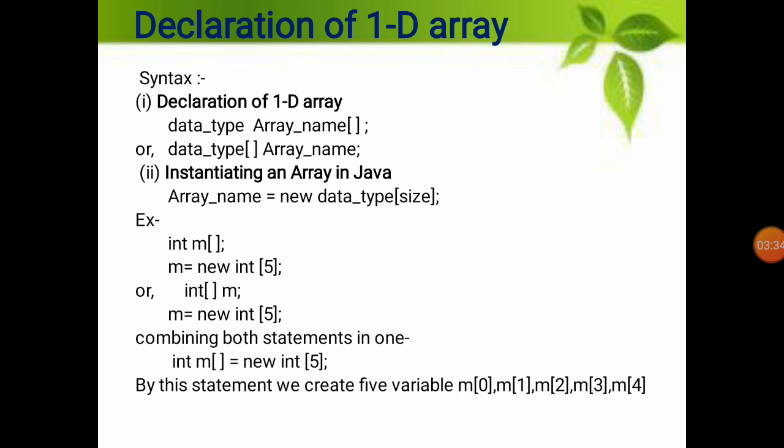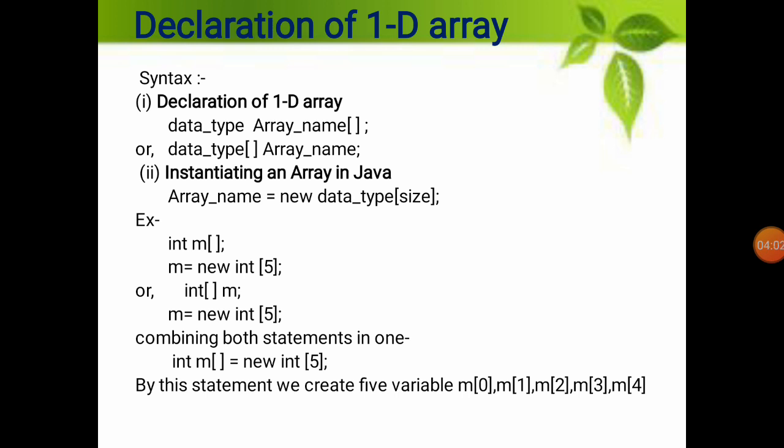Now, declaration of a 1D array. An array must be declared or created before it can be used, and this is a two-step process. First we declare the array, and second we create the array with the new operator. See the syntax for declaring an array: first we define the data type, then the array name and then the square brackets.